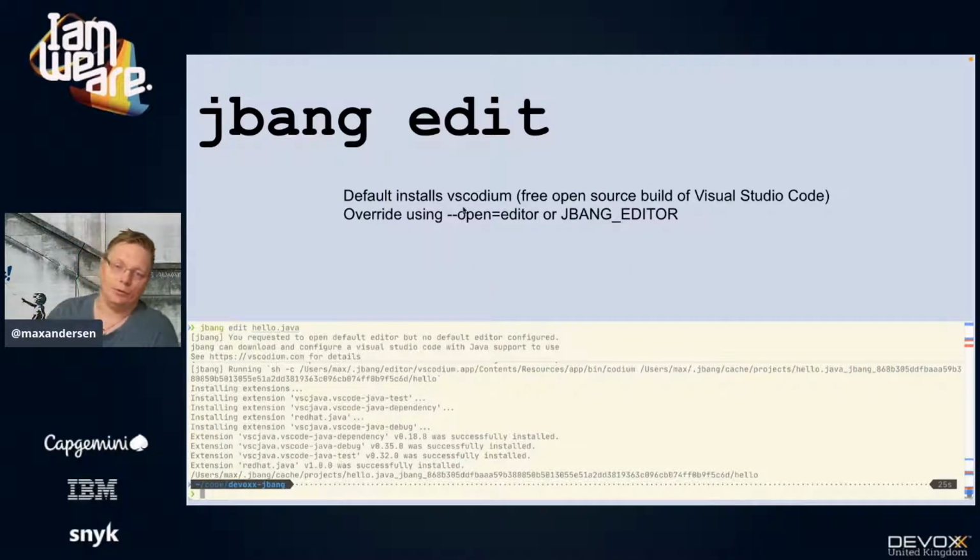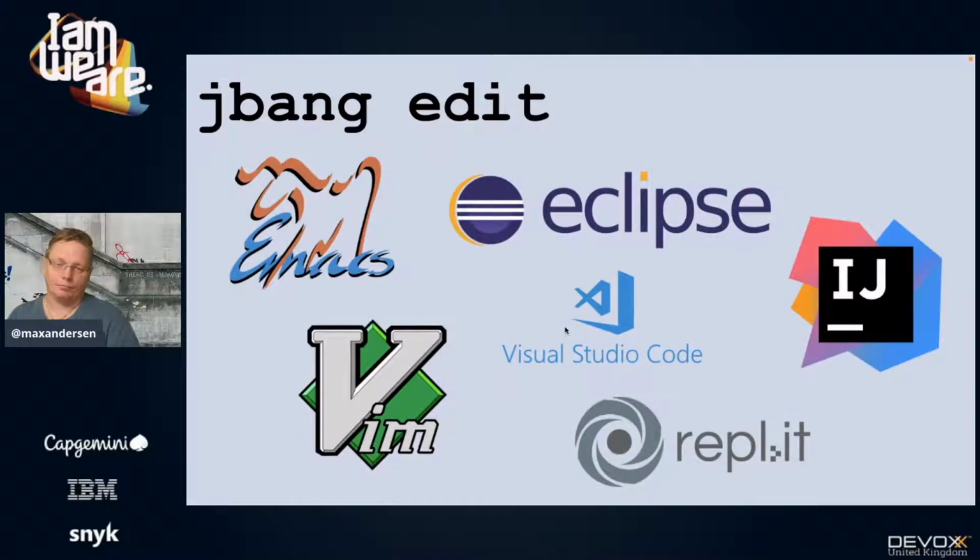And what we do is we install the thing called VS Codium, which is a free version of Visual Studio Code. But if you have another editor, we will use that too. It's not like we're forcing it on you. It's just to give you the option. And I forgot the NetBeans logo here, but Eclipse, IntelliJ, VS Code, Emacs, Vim, Replit, even GitHub Codespaces, Gitpod, and Eclipse Che will work with a JBang project.